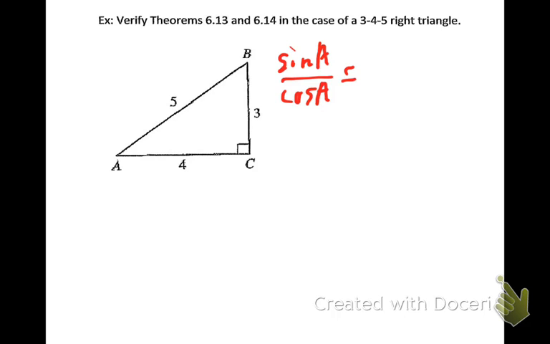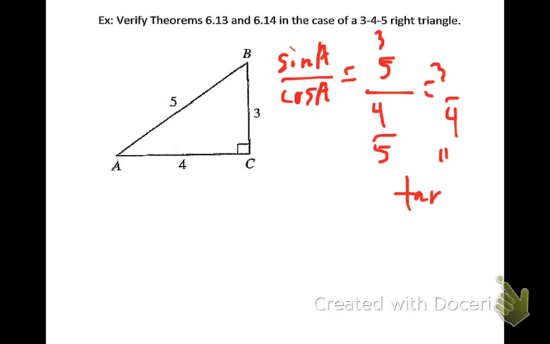Ben, in terms of numbers. 3 over 5. Yeah. What does the cosine of A equal? Lexi? 4 over 5. We divide 3 over 5 by 4 over 5, that equals 3 over 4, which in terms of A equals the tan of A.